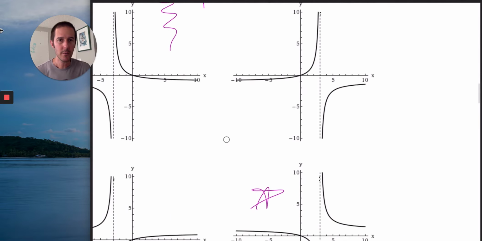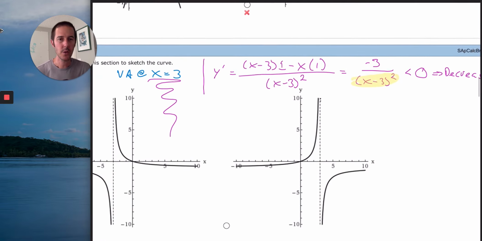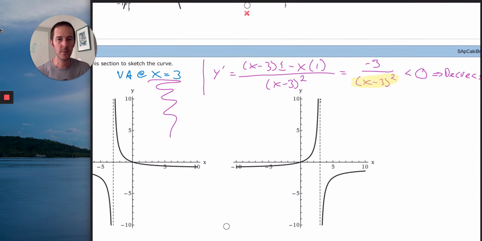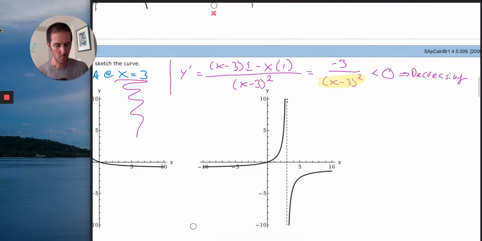We could use this first derivative and take the second derivative. If we want to do that, you could use the quotient rule again, or I'm going to rewrite y prime as negative 3 times x minus 3 to the negative second power, and you could use that expression to find your second derivative.